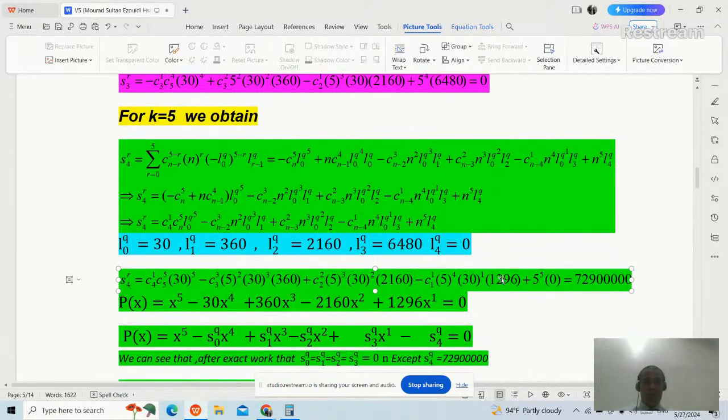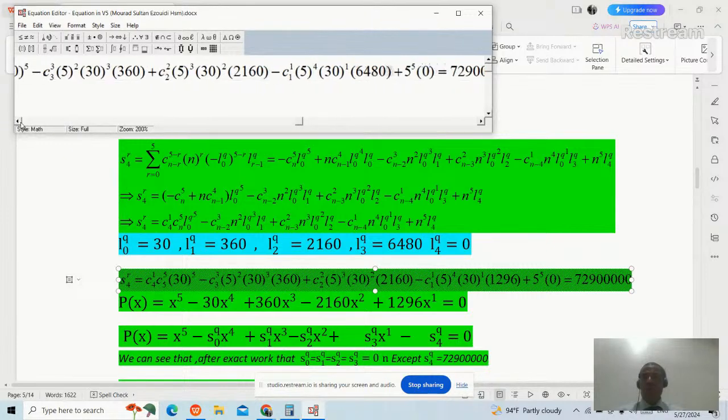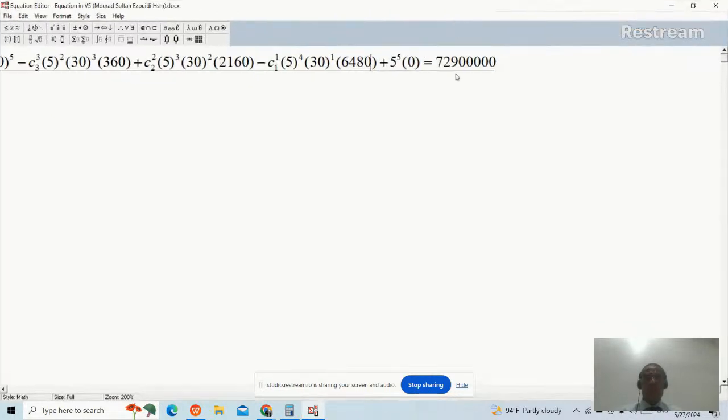We will check this one. This is, we told, 6,480. So this one should be equal to, I will make it bigger.